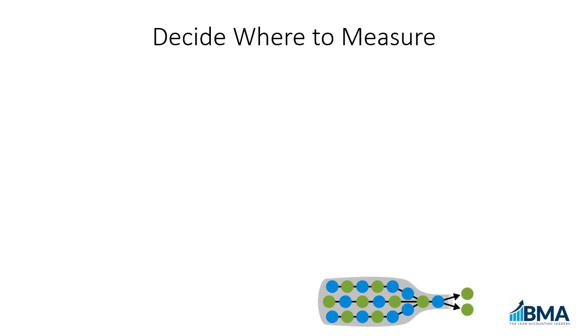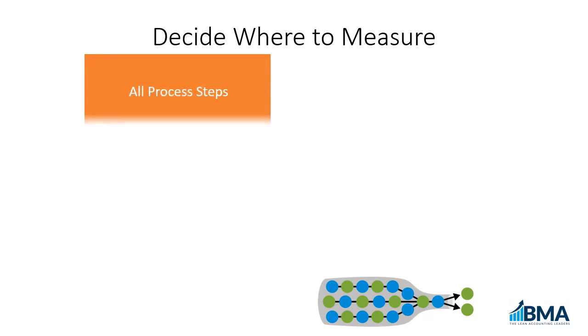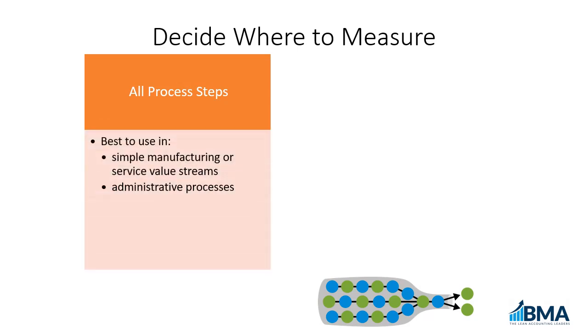So where do we measure? Okay, you understand the process in which you need to measure, or a value stream. And you really have two choices. You can calculate the capacity for every process step. This is best used in simple manufacturing value streams, simple service value streams, and in most administrative processes.